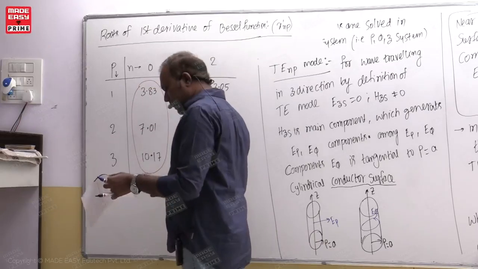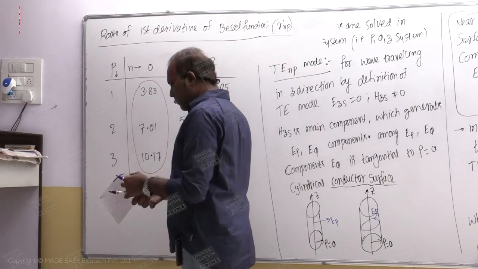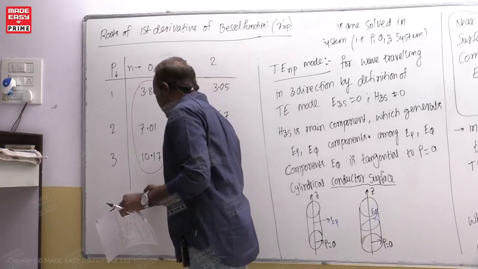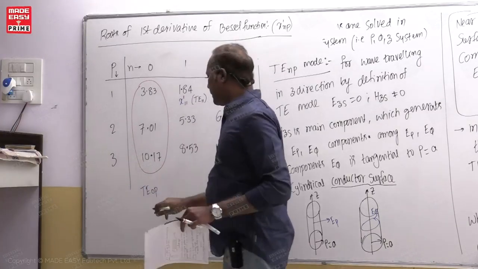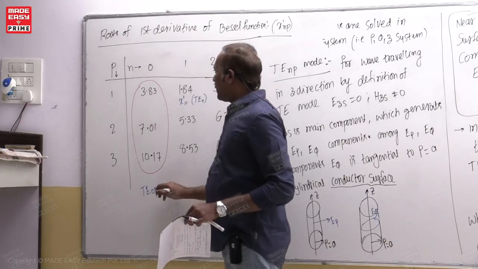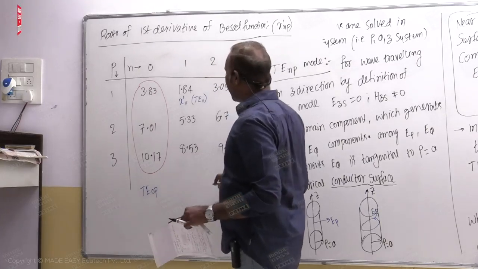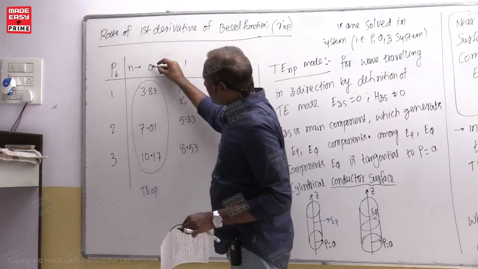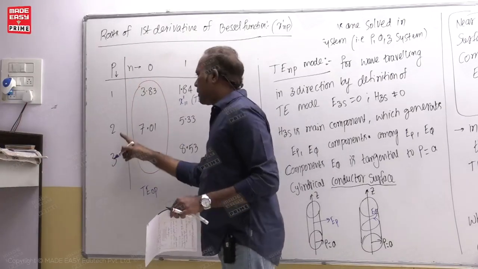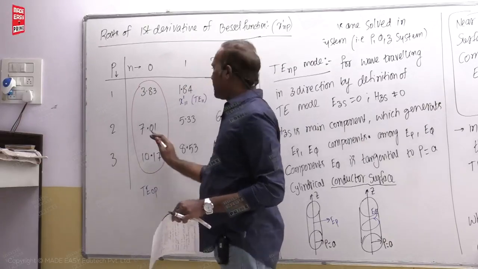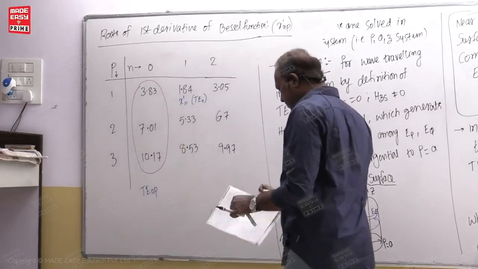And I will write the mode name. This is TE0P. One more statement is that for the TE mode, n value is how much here? 0, and p is variable here: 1, 2, 3 like that. TE0P mode roots are this. Let them be like that.